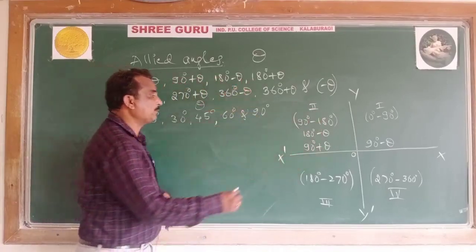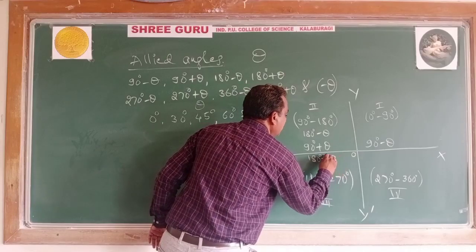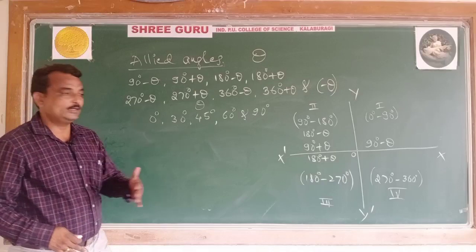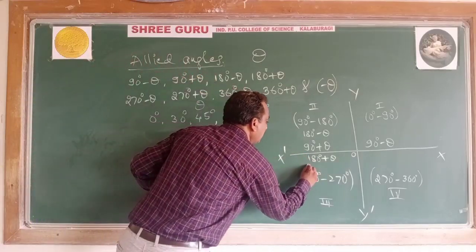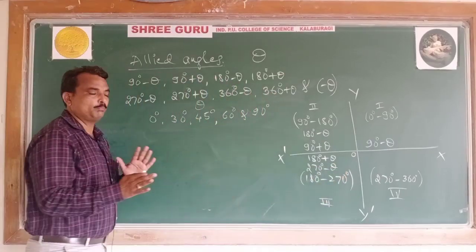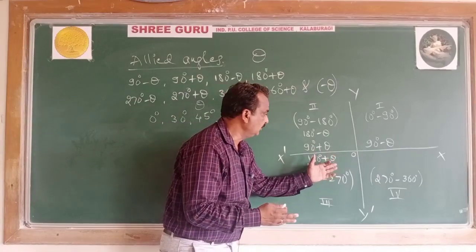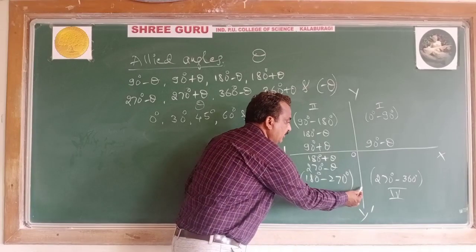The next, 180 plus theta. See, students, 180 degrees plus theta is in the third quadrant. The next, 270 minus theta: after 180, where theta is an acute angle, the position is the third quadrant. 270 minus theta, up to 270 degrees, students.